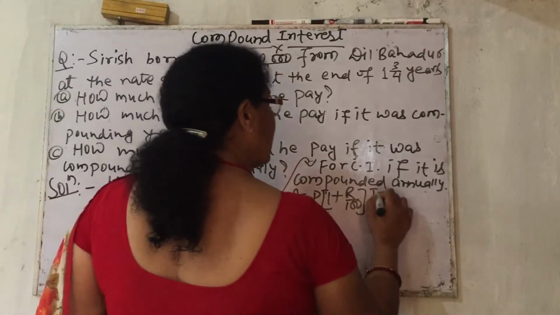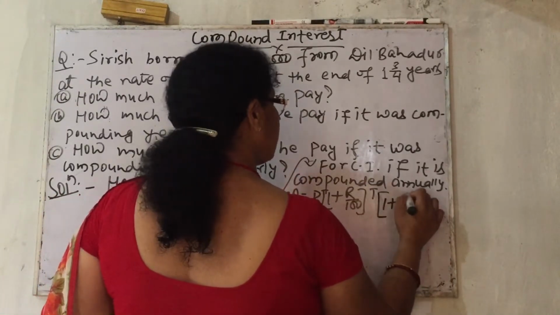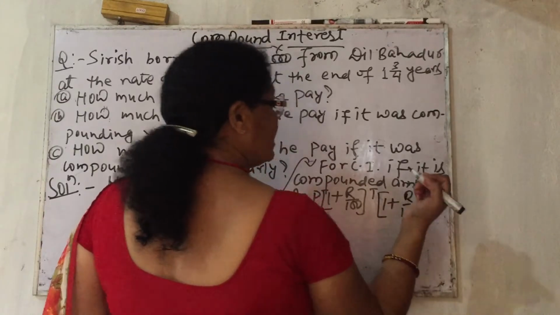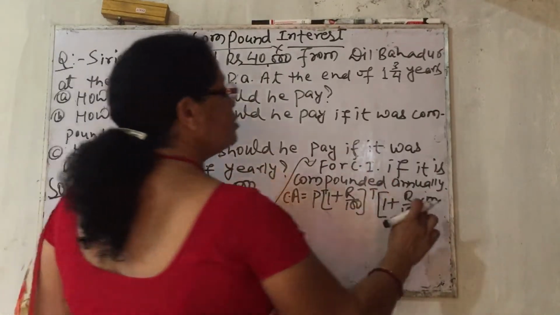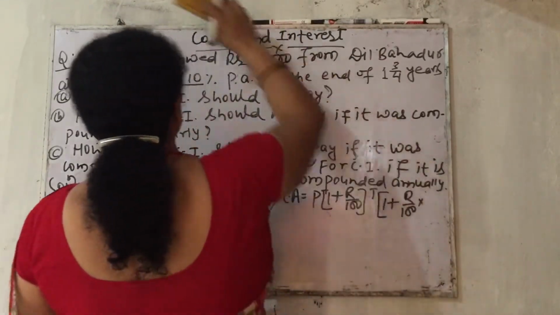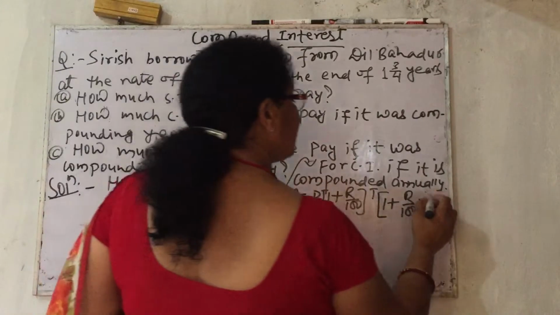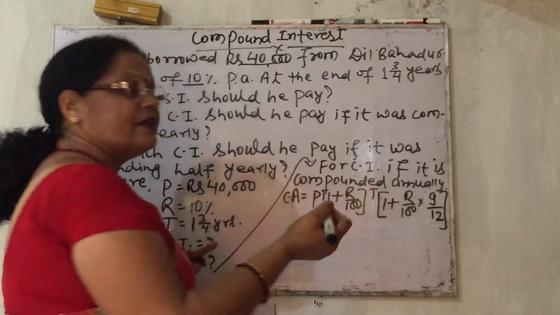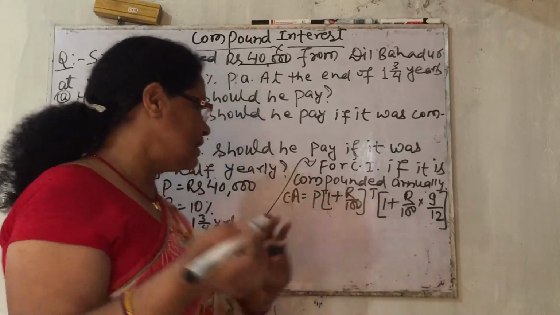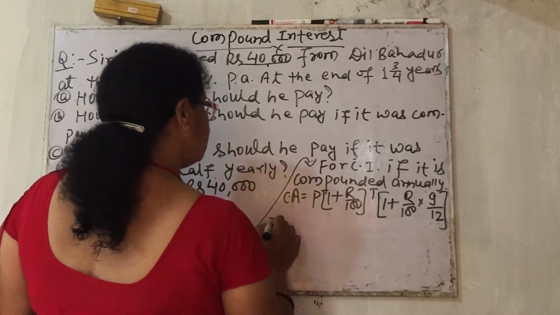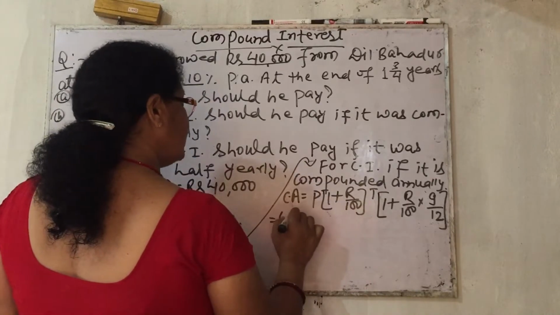So we have this formula 1 plus R by 100 into M. M means month. So month, how much we have? Month we have 9 months. So I am writing here 9 by 12. This 9 months I have converted into years. Now let's put the values. Here we can write down P. P means 40,000.